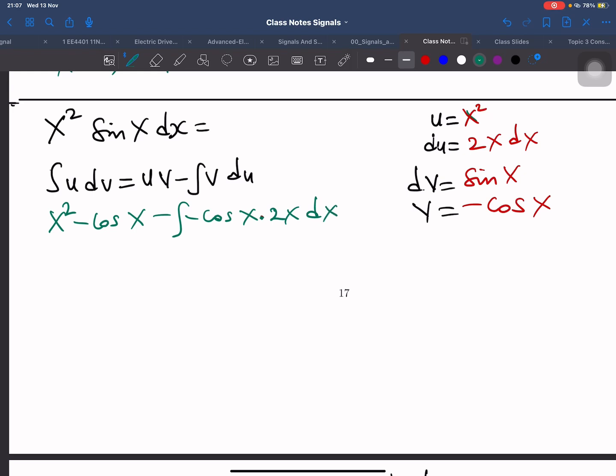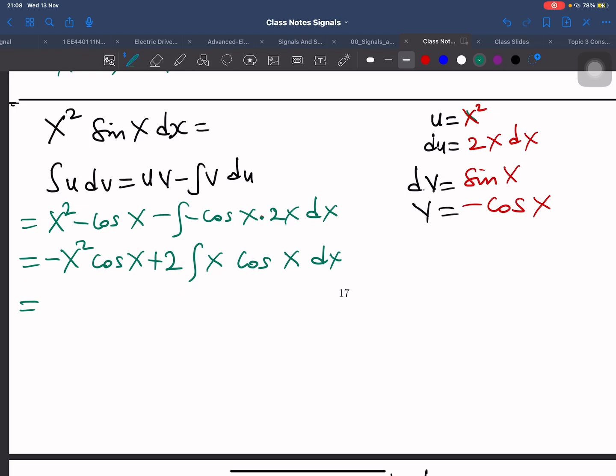So what we do now is we rearrange the equation, and it's now equal to, bring the minus first, minus x squared cos x minus, now bring 2 forward, minus 2, but because we have minus and minus, it's going to be plus 2, the integral of x cos x dx.